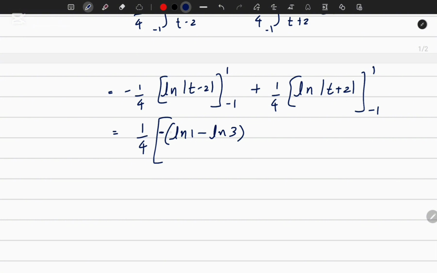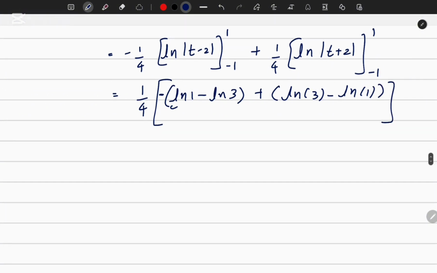So there is a negative sign, plus here I am going to take 1 plus 2, this is ln 3, right? Minus, then I am going to take minus 1 plus 2, this is ln 1. ln 1 is 0, right? So ln 3 minus times minus plus 2 ln 3. So 1 over 2 ln 3.